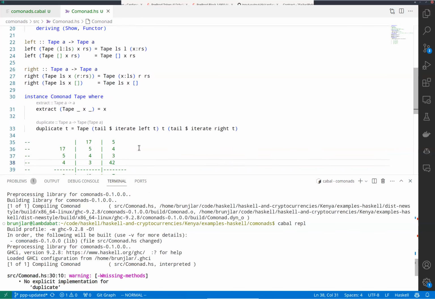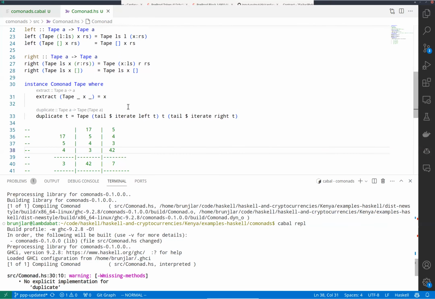So here we see in the focus of the tape of tapes is the original tape T. And then to get the left elements, we start with T and iterate applying left to it. But we take the tail because the first element of this would be T itself, which we already have. And on the right, we do the same with right.